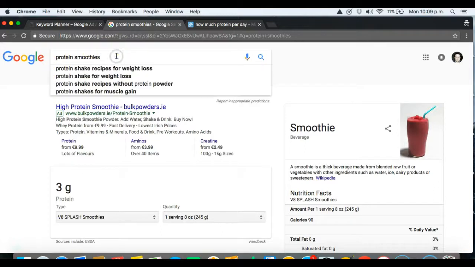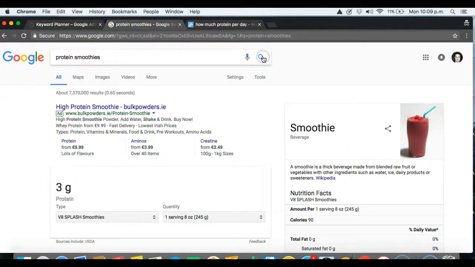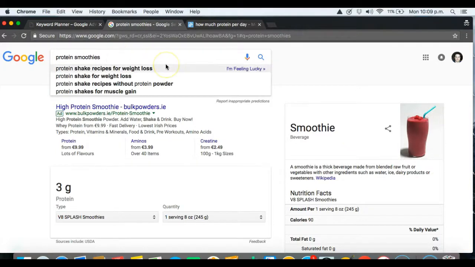Another good tip is to look at Google Auto Suggest, which is what you see here. So, protein smoothies is a pretty general keyword. You can see there's a significant amount of search volume, 7.3 million searches. But this is a great way. Google Auto Suggest, look to see what type of variations you could target.